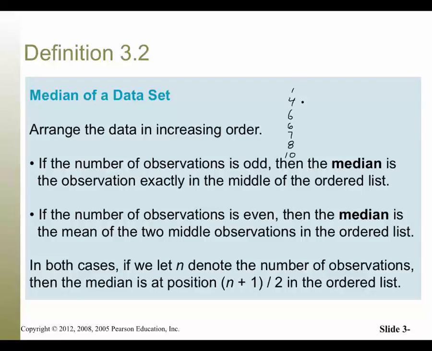Here's how you can find it: n plus 1 over 2, where n is the number of values in the data set.